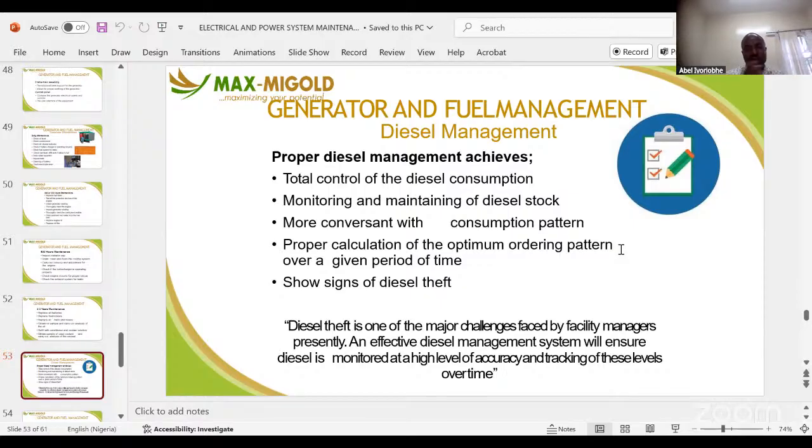You are not managing your facility with pressure. So this is why all these things are very, very important: keeping adequate records, monitoring and maintaining diesel stock, being more conversant with the consumption pattern.